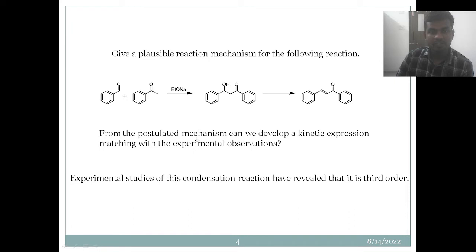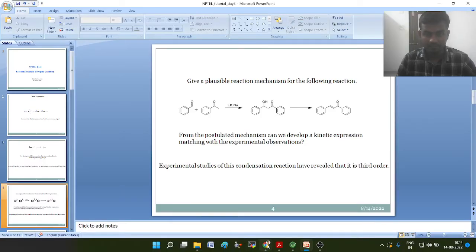So from the postulated mechanism, can we develop a kinetic expression? First it is asking, give a plausible reaction mechanism for the following reaction, which we will first show. Then from the postulated mechanism, can we develop a kinetic expression matching with the experimental observation? So what is the experimental observation? Experimental studies of this condensation reaction have revealed that it is third order.